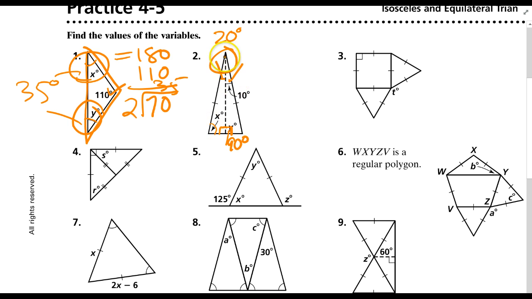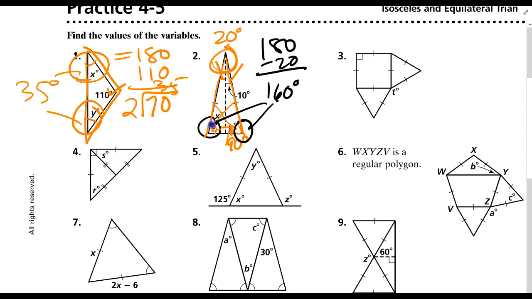Hey, look, we've got congruent sides, and the angles opposite congruent sides are congruent. So that means if this is 20, then these two angles down here would have to be congruent. So if I start with 180, subtract 20, now I've got 160 degrees to divide equally between my two corners. That means that this one over here will be 80.